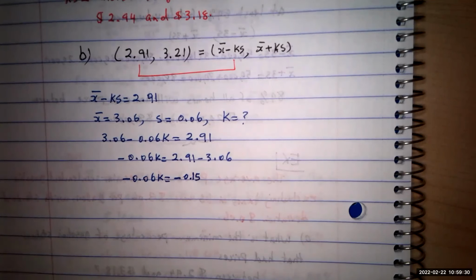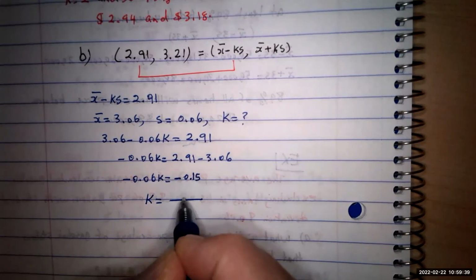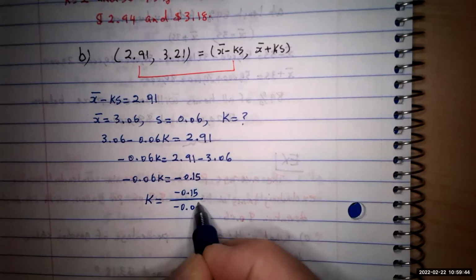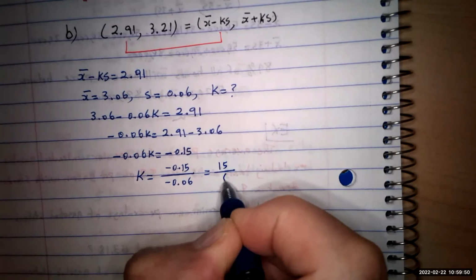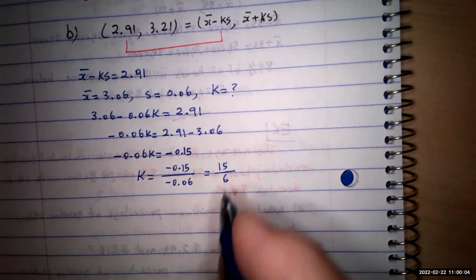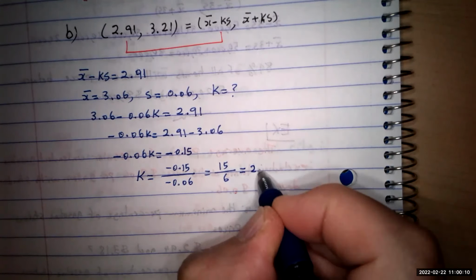If you subtract 2.91 from 3.06, that gives 0.15. So K is equal to negative 0.15 divided by negative 0.06. Use your calculator, or if you simplify, negative over negative is positive, and you drop the decimals. We have 2 decimal places on the top and on the bottom, so we drop all of them. So it's going to be 15 over 6. 15 over 6 is going to be what? It is 2.5, I think. Yes, that would be 2.5.